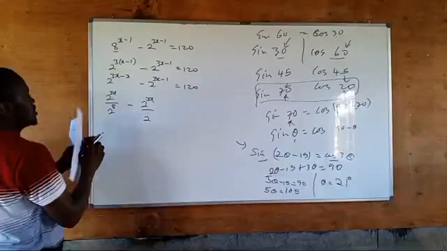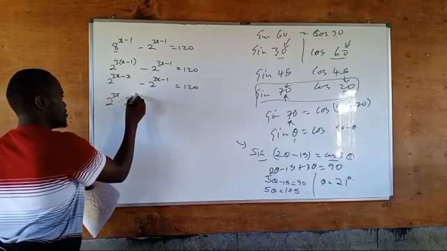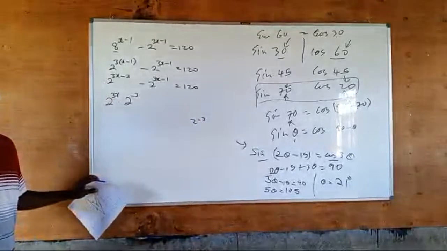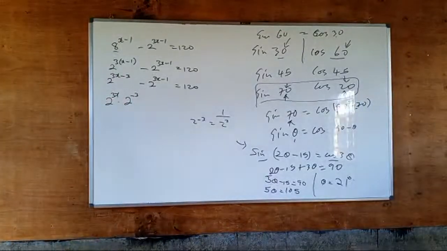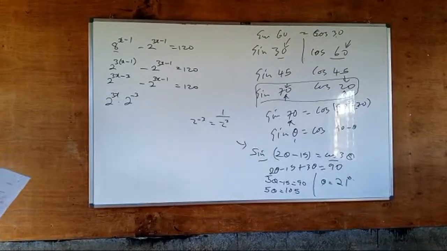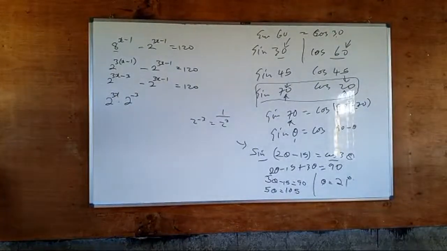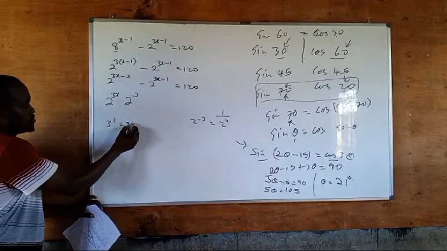You can alternatively say this is 2 to the 3x times 2 to the negative 3. You were told that if something has a power, 2 raised to negative 3 is equal to 1 over 2 cubed. It is the reciprocal. Even on the calculator the reciprocal is set as negative, you see this is the reciprocal x to the minus 1. Or you know factorial. X factorial is there written with shift. Factorial, what does it do? Generally, 3 factorial means 3 times 2 times 1.